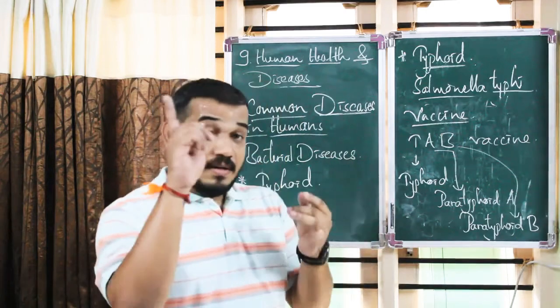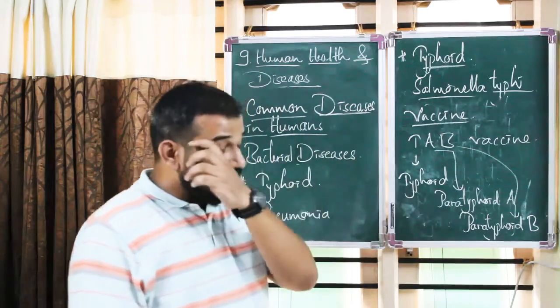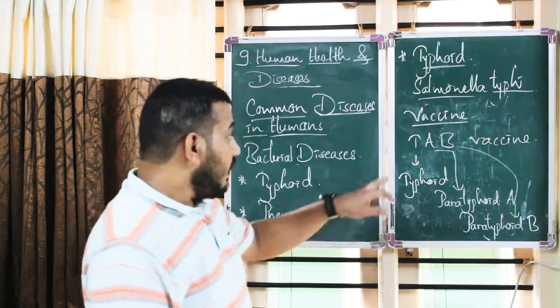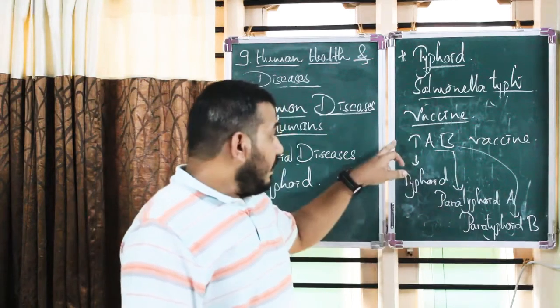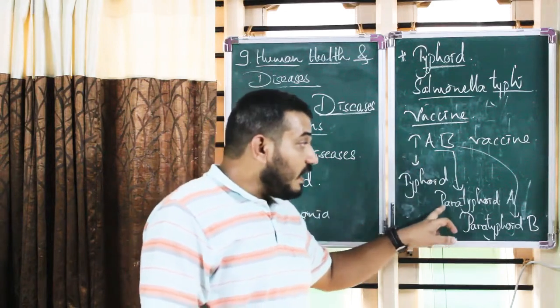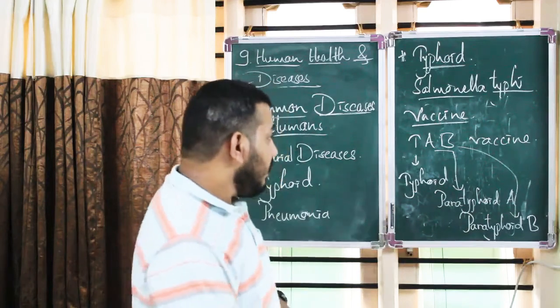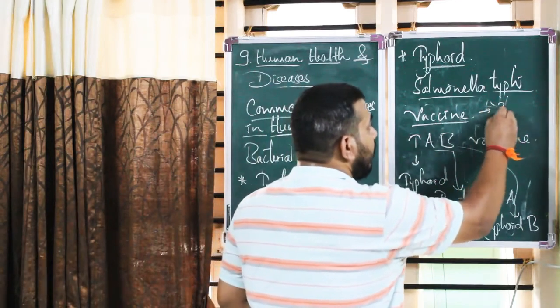Remember, the vaccine which is given as a precautionary measure is TAB vaccine, typhoid, paratyphoid A and paratyphoid B. It prevents for about 3 years.